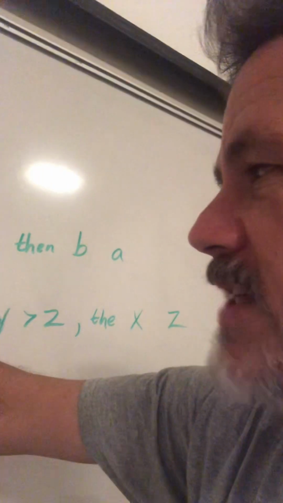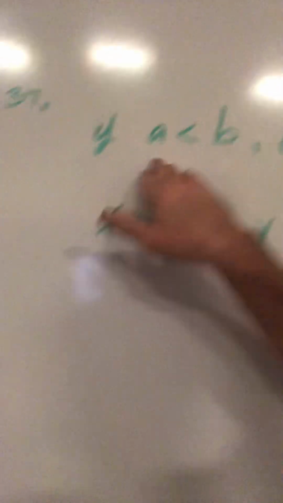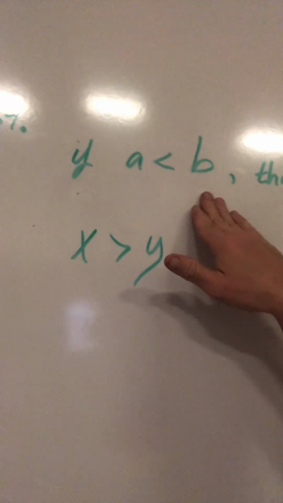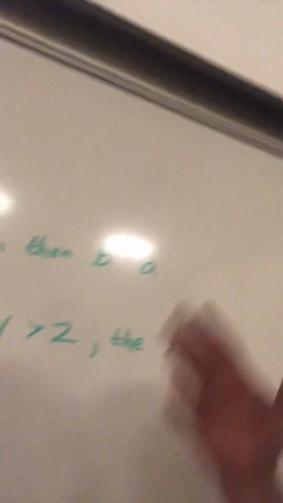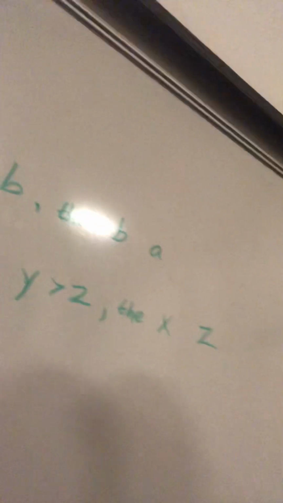Number 37, last one we'll work on tonight. It's very straightforward, really logically straightforward. I think it's so easy that any challenge you have on it is just because it's so simple. You're like, whoa, that's so simple, I didn't even think about it. 37, if A is less than B, then B is blank than A. Well, that's just switching them around, but the relationship remains the same.